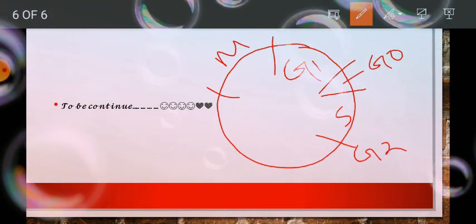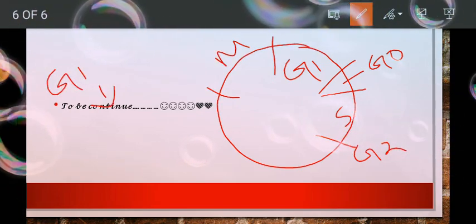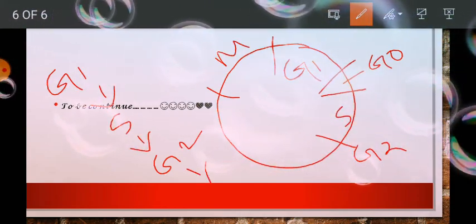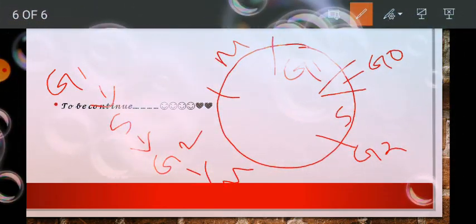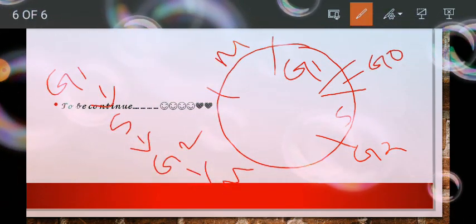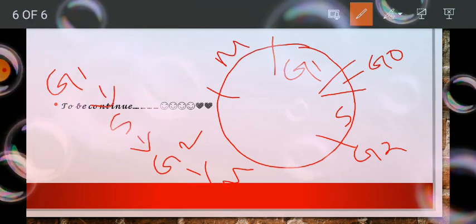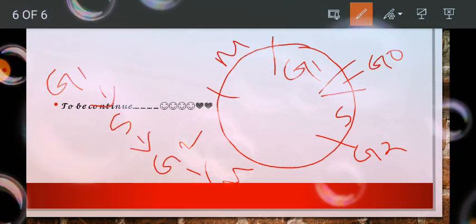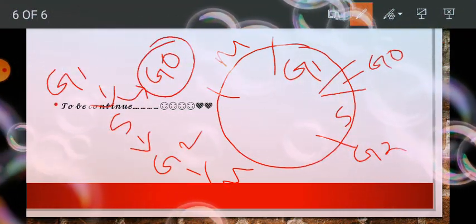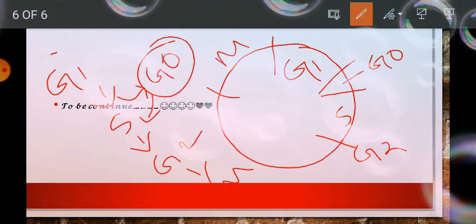So first the cells undergo G1, then S, then G2, then finally M. When we look at cell repair mechanisms and the cell cycle checkpoint, the G0 stage is found before the cell enters the S phase.